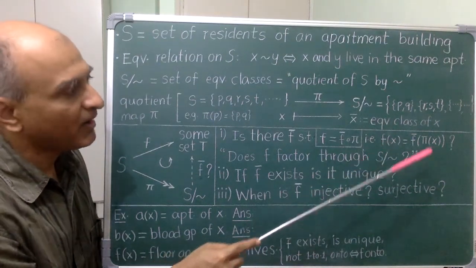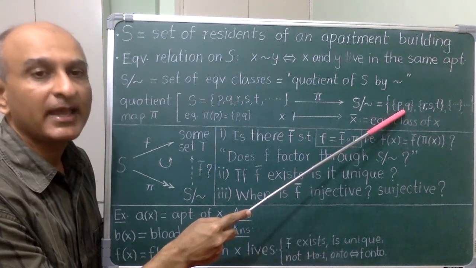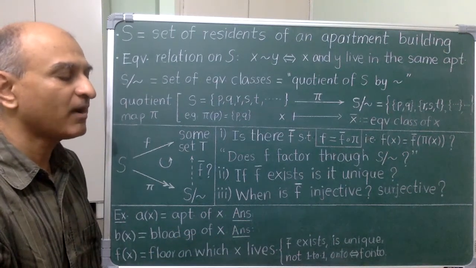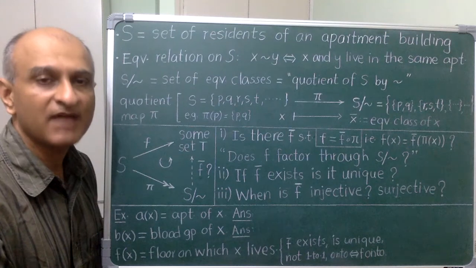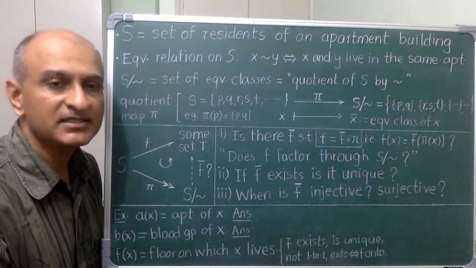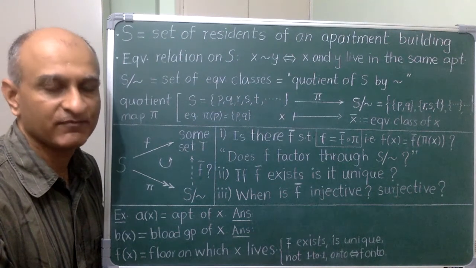Therefore, f bar of any equivalence class must be the floor on which any member of that equivalence class lives. Now, f bar needs to be a function. Therefore, any given input must have a unique unambiguous output. This will happen precisely when all members of an equivalence class live on the same floor.